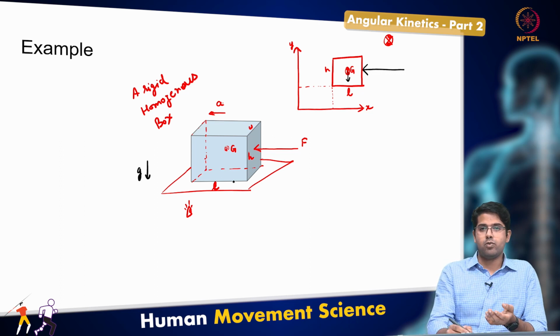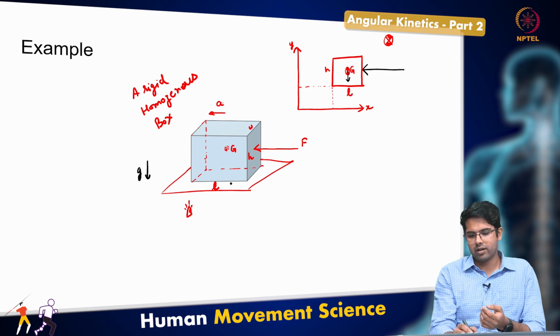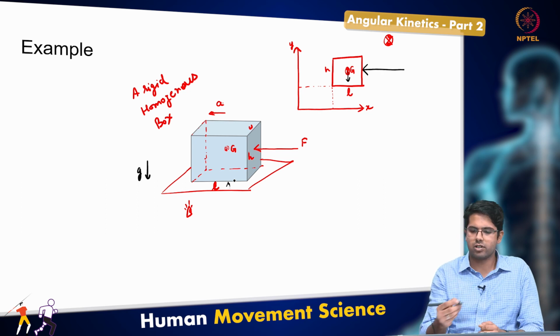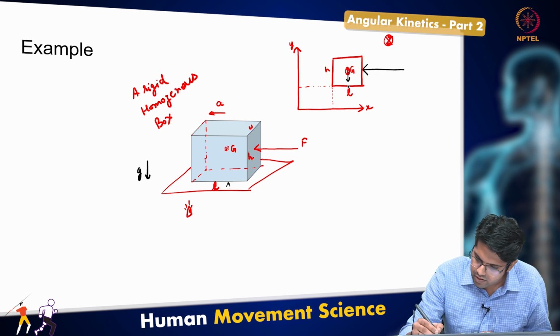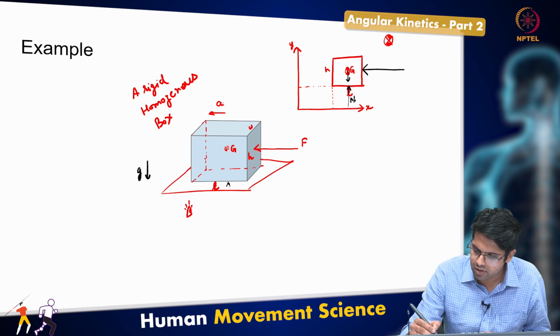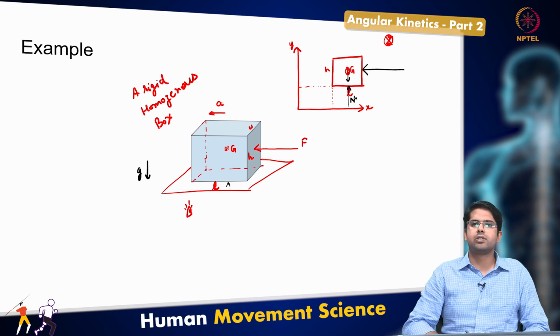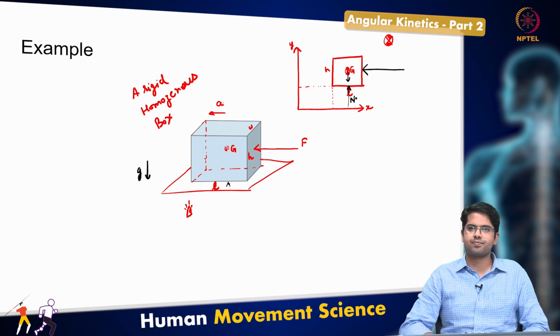It's not really moving vertically, right? So there's an equal and opposite reaction acting from the floor, Newton's third law, right? So there's an equal and opposite reaction force, what is called the normal reaction force, acting on this.